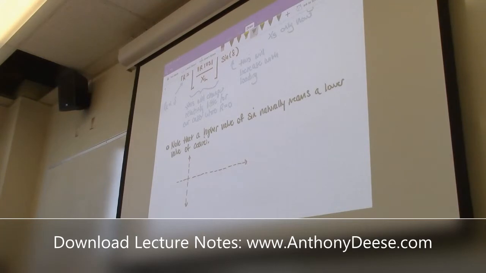So if, let's say, we have one vector that looks like this, and we have another vector that has almost the same length, looks like this, as our sine value goes up, our cosine value goes down. The absolute value of it, at least.